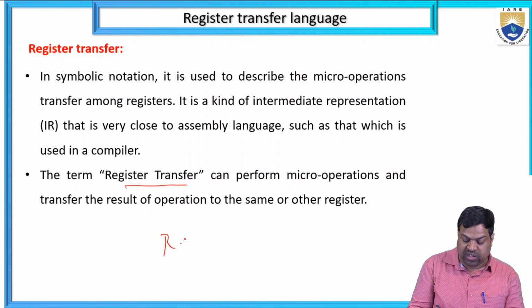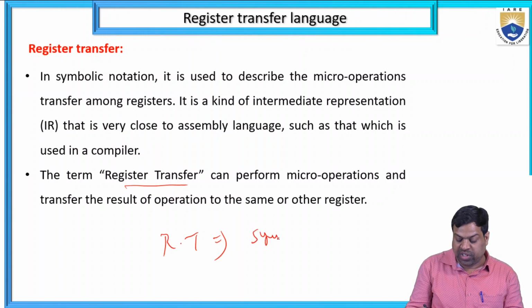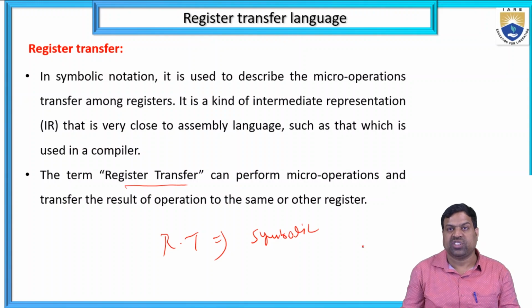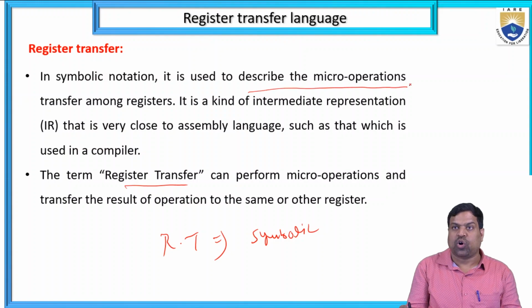When I take RT, register transfer, we already know it is a symbolic notation. Register transfer means we are transferring the data from one register to another register, or from one memory to another memory through the registers.